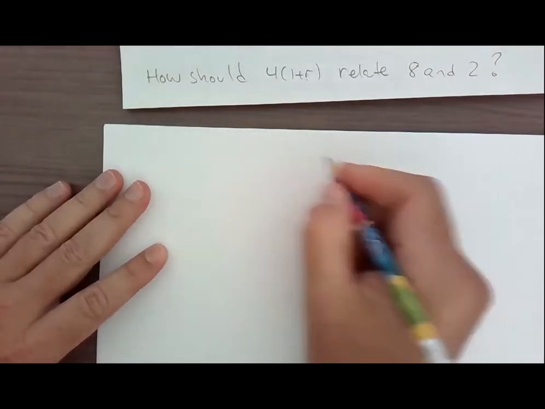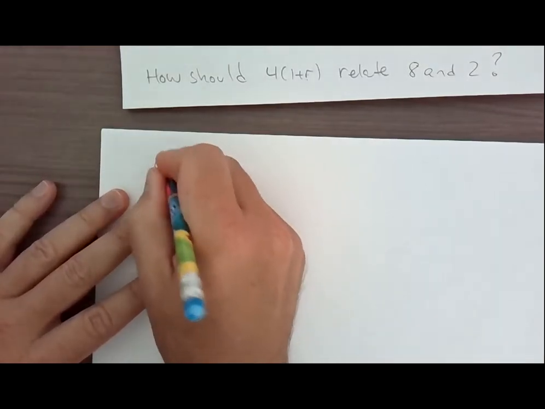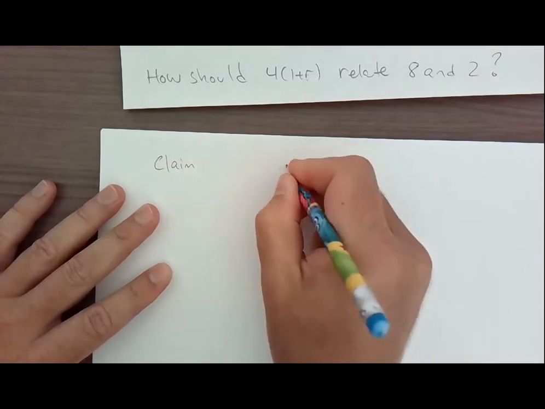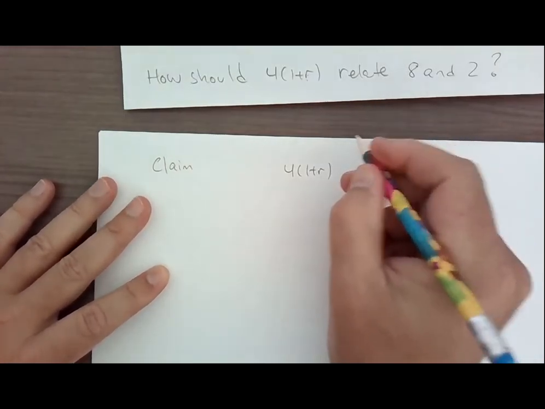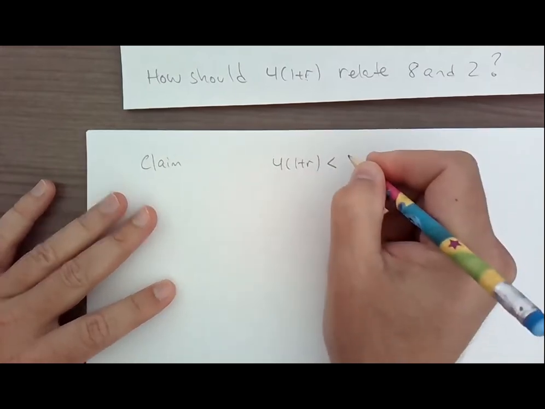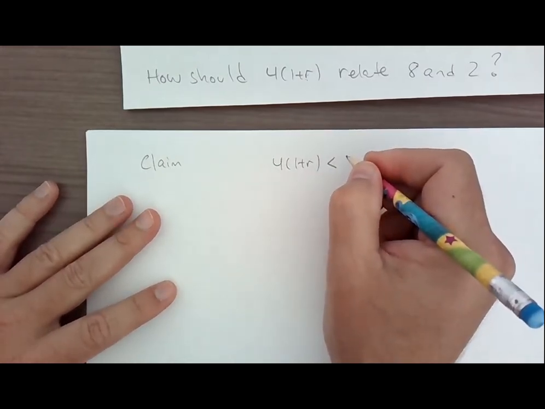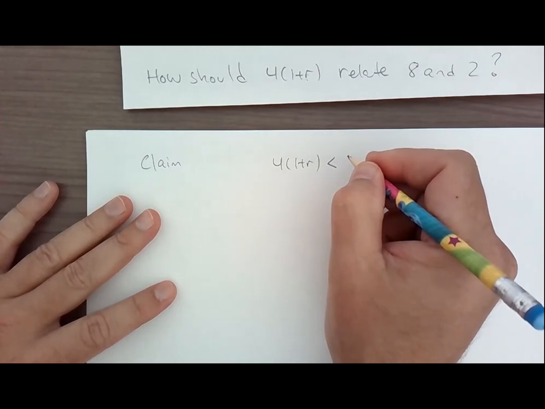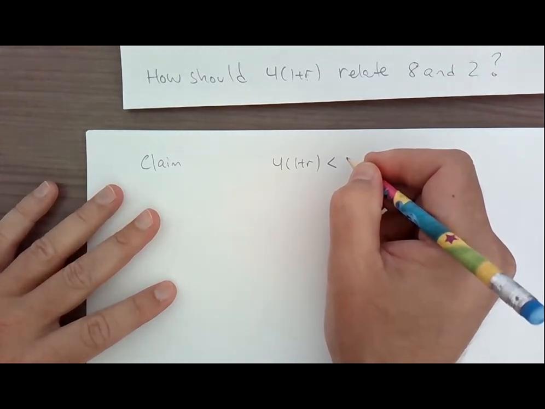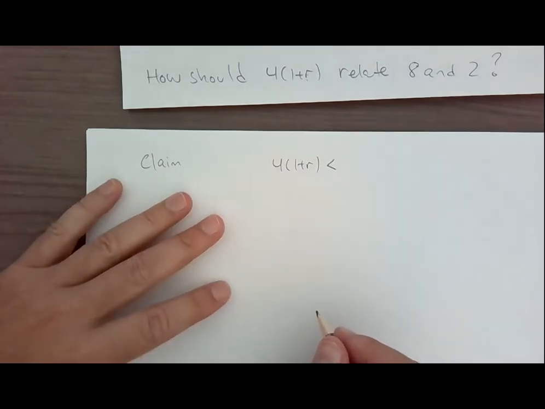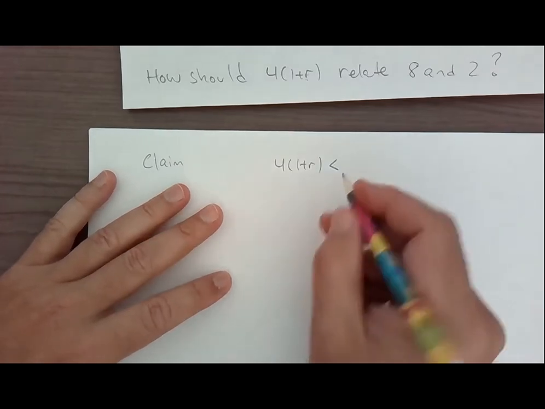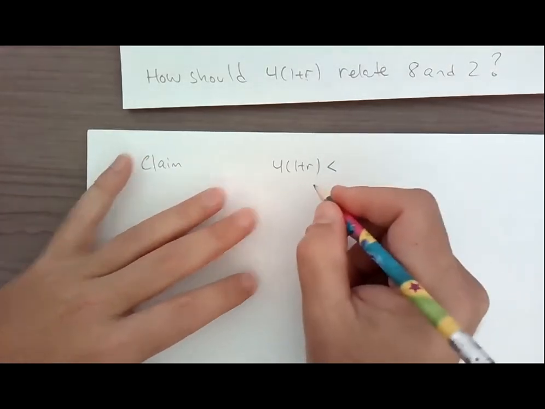So here's our claim. You need 4 times 1 plus R less than 8, or less than or equal to. Well, I guess it would have to be less than or equal to, because if you break even, that's not arbitrage. So there are 2 possibilities.